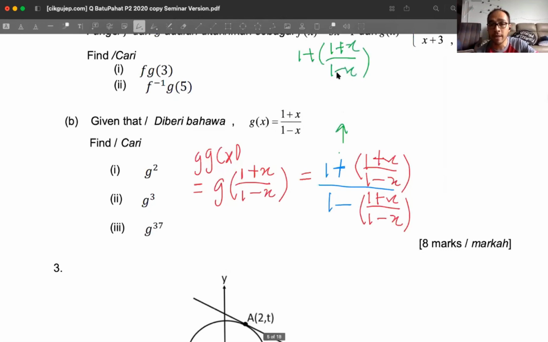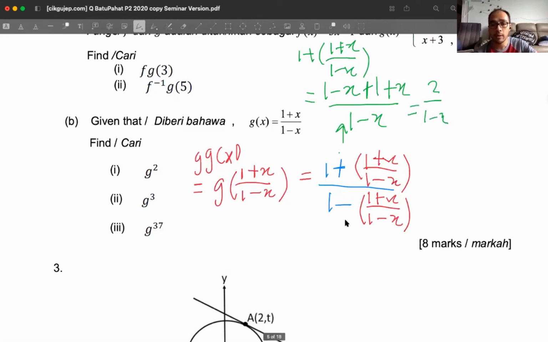If I simplify this, I make everything over 1 minus x. So this will be 1 minus x plus 1 plus x. 1 plus 1 is 2, minus x plus x is 0. So this will be 2 over 1 minus x.